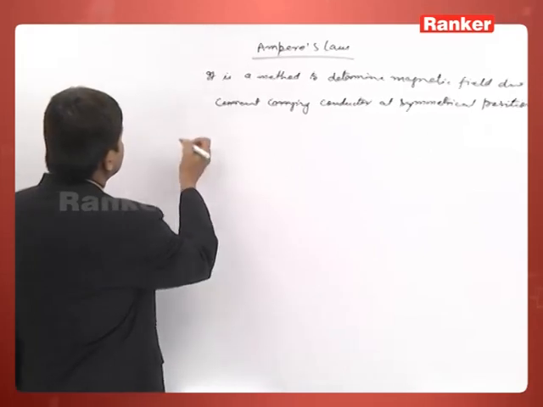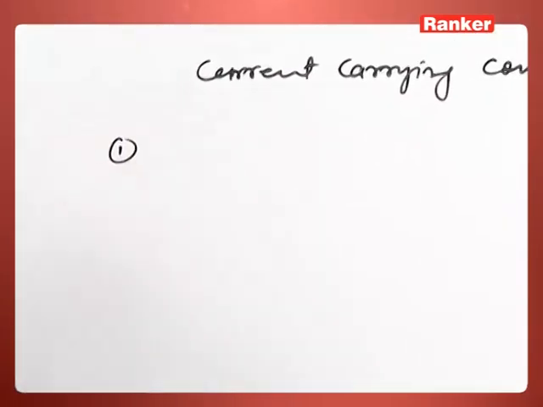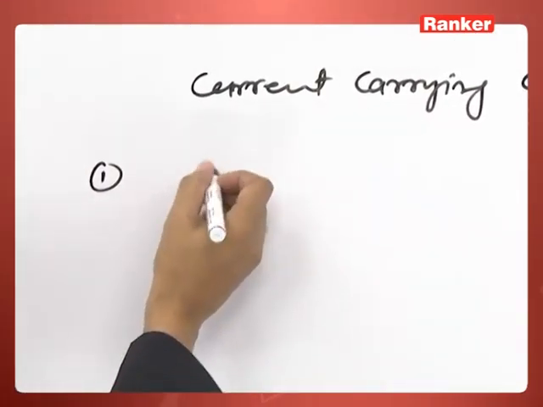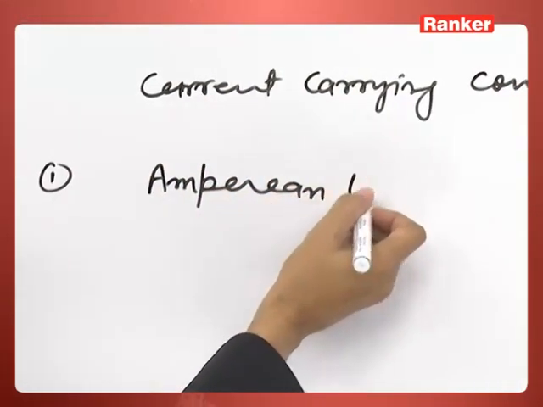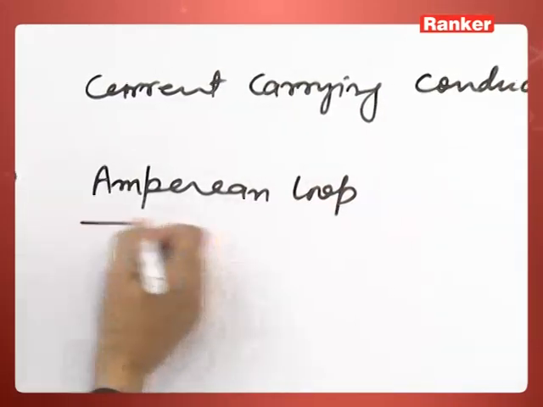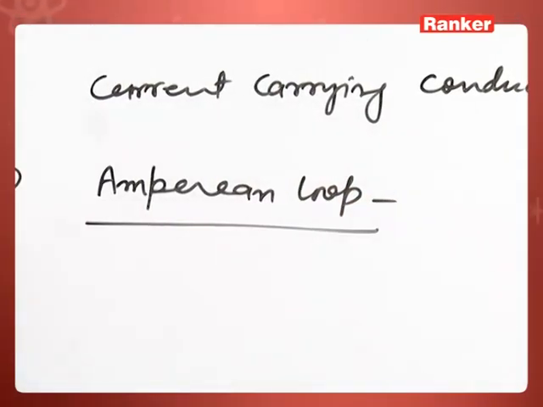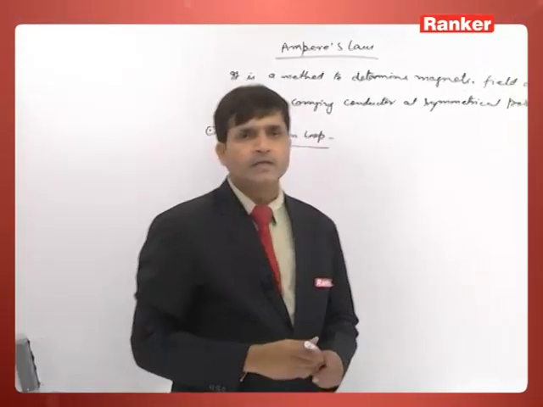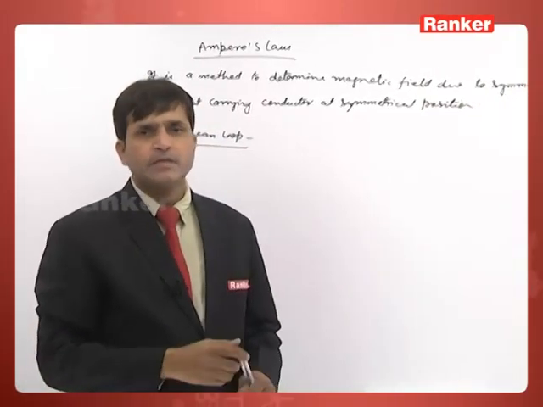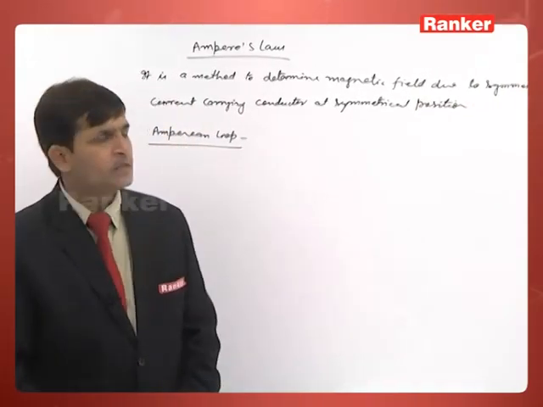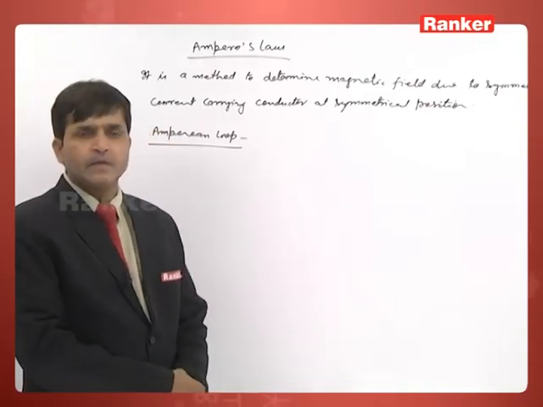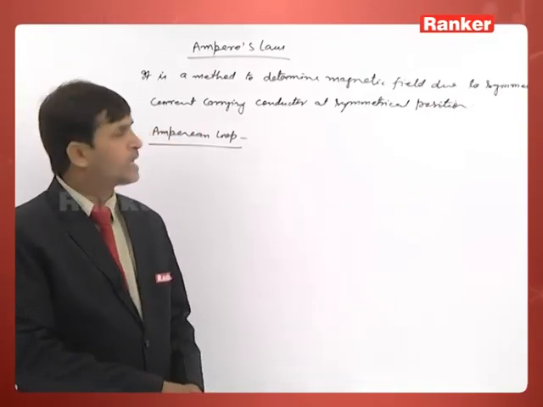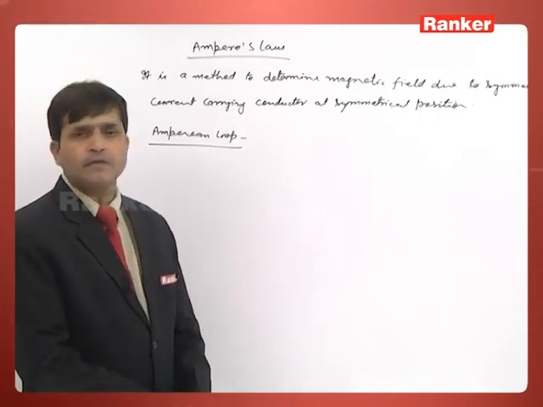So the first point regarding Ampere's law is the Amperian loop. What is the meaning of Amperian loop? As in the Gauss law chapter, we used the Gaussian surface. The Gaussian surface was a closed surface which encloses any charge or does not enclose any charge.